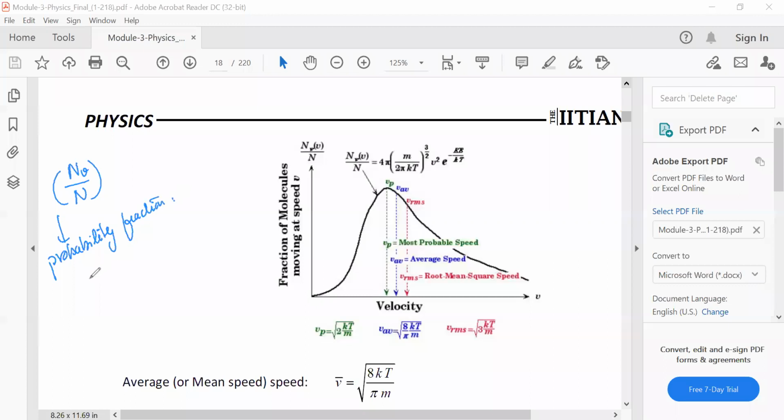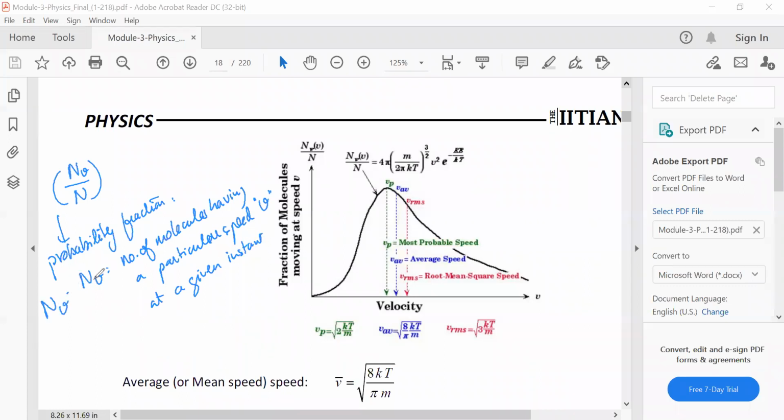That is, Nv is the number of molecules having a particular speed v at a given instant. That is the numerator over here, Nv. This term Nv is the number of molecules which are moving with a particular speed v. Okay. And N is nothing but the total number of molecules.